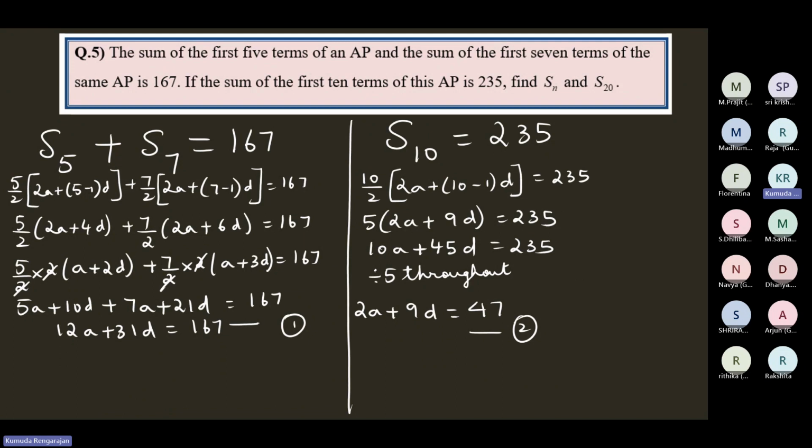Getting the same equations? Yes, ma'am. So the first one is 12A plus 31D is equal to 167.